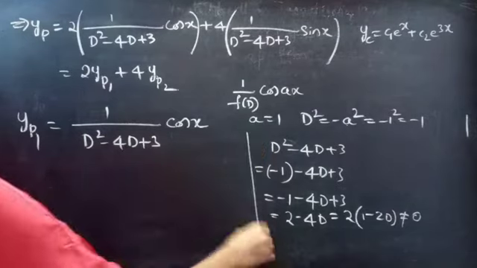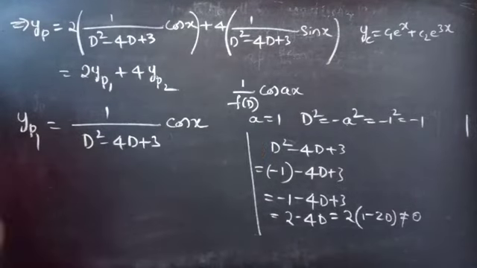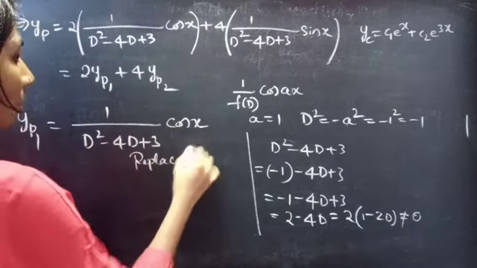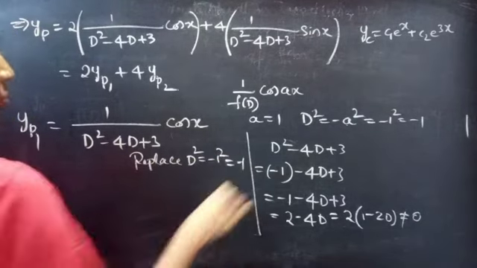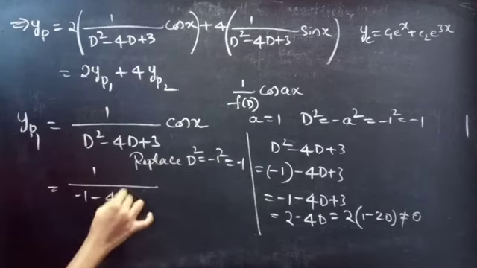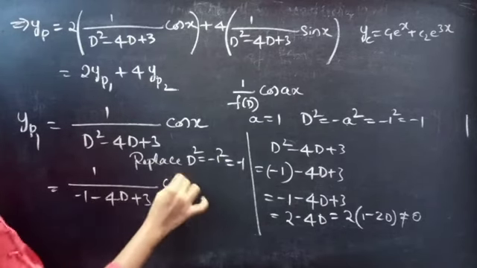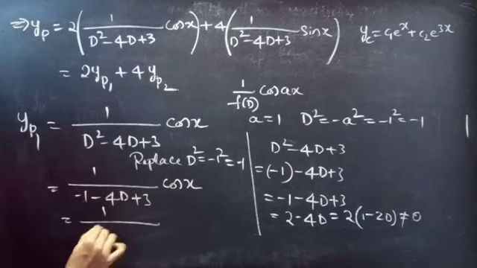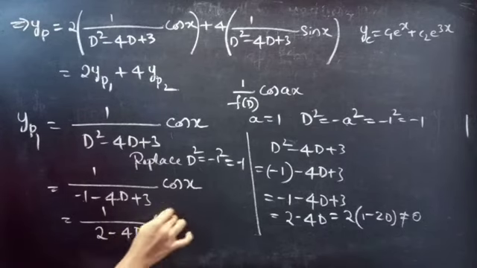So we'll get non-zero by replacing d square by minus 1. So what we can do, we can just replace d square by minus 1. Then this becomes 1 by minus 1 minus 4d plus 3 into cos x equals to 1 by minus 1 plus 3 is 2 minus 4d into cos x.